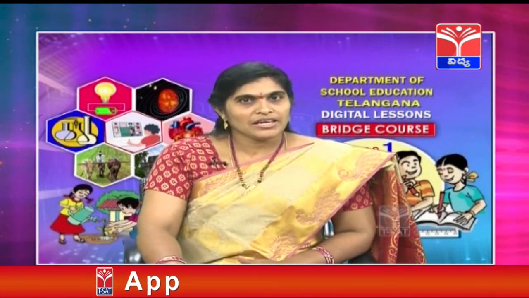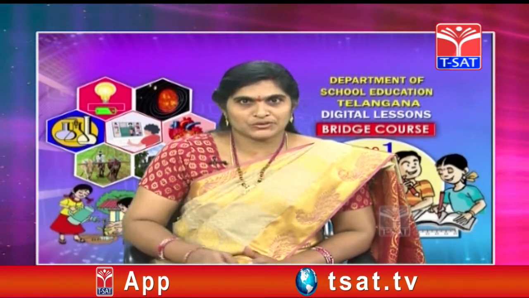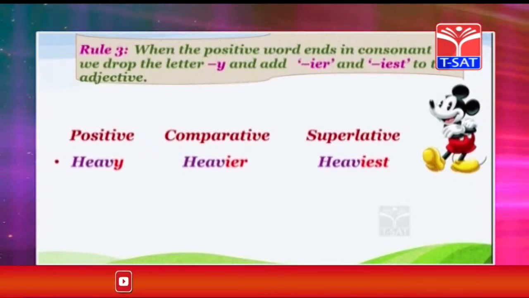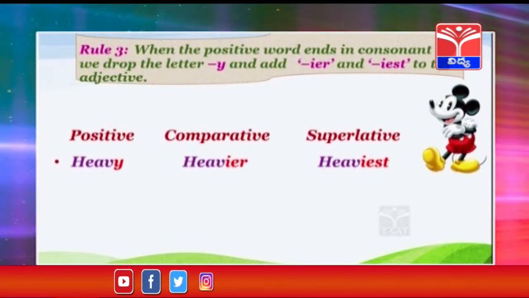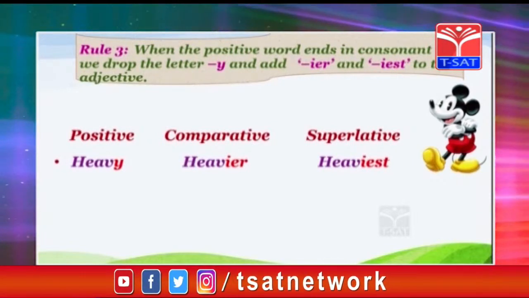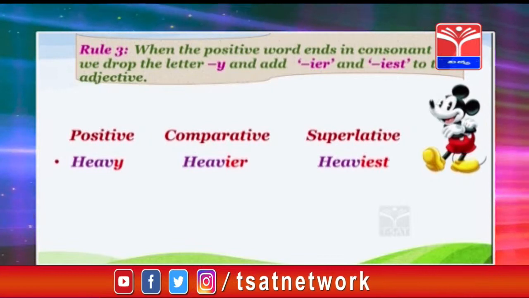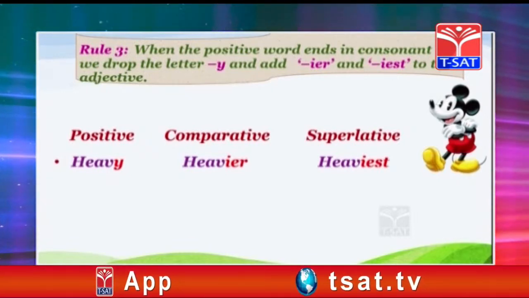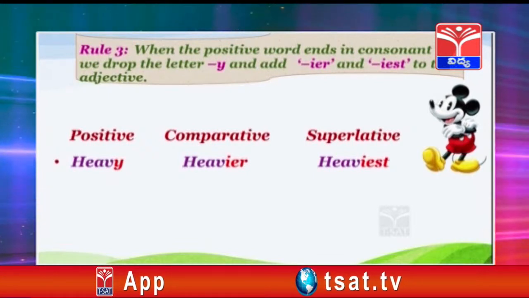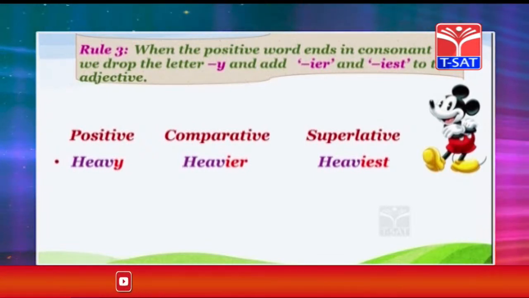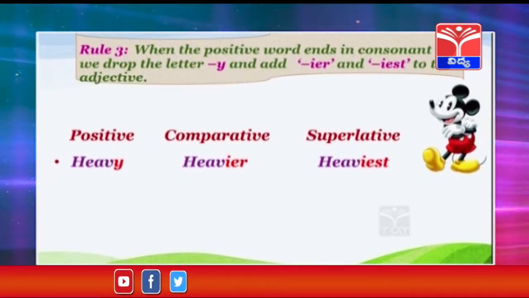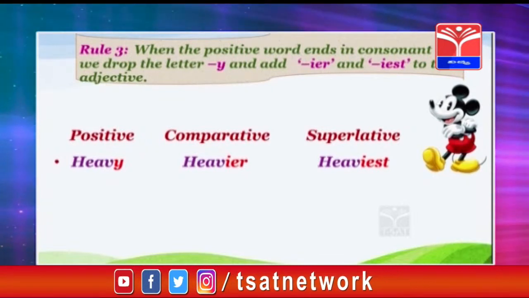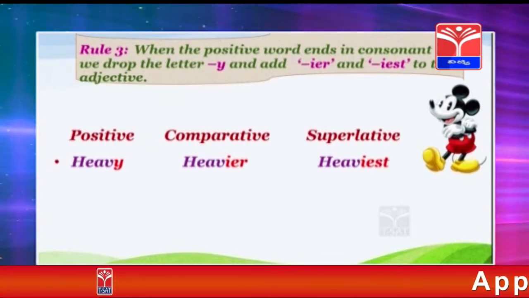Okay, children. Here we are with rule number 3. If you observe, the words happy and heavy end with the letter Y. So, rule number 3 is: when the positive word ends in the consonant Y, we drop the letter Y and add the letters IER in the comparative degree and IEST in the superlative degree.